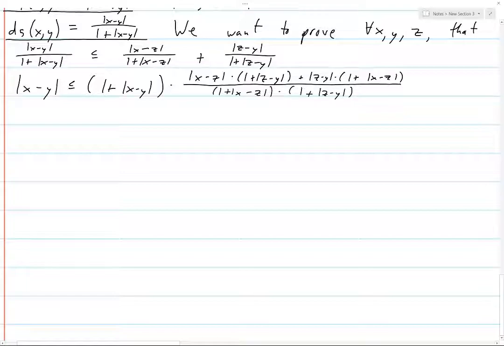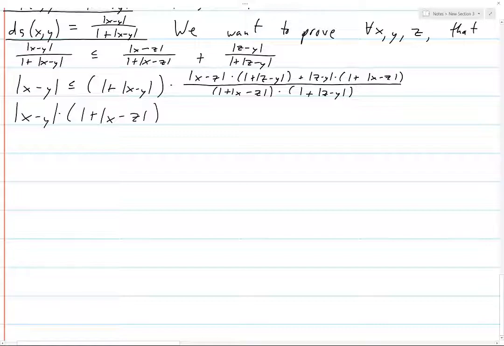Okay, so anyways, let's multiply that denominator over to the left-hand side. So we got norm of x minus y times 1 plus norm of x minus z times 1 plus norm of z minus y.